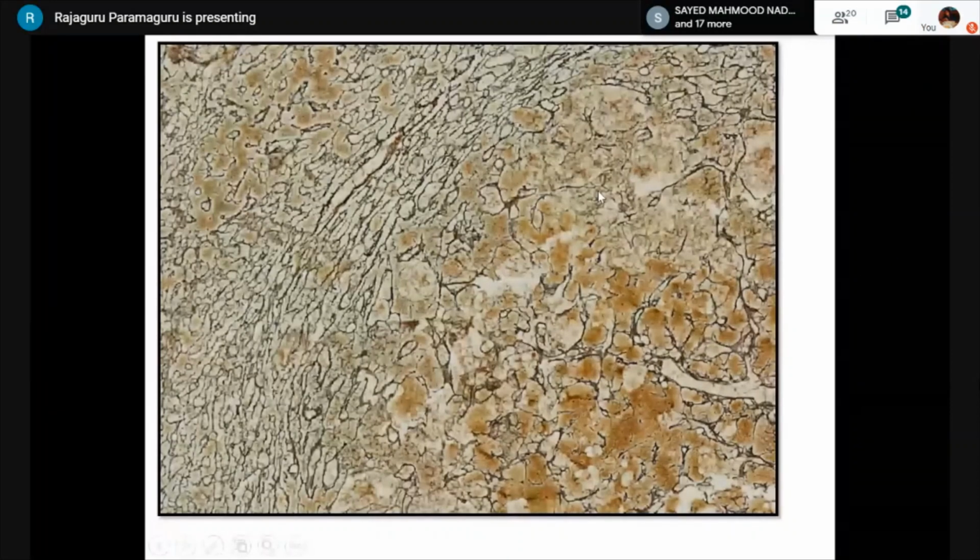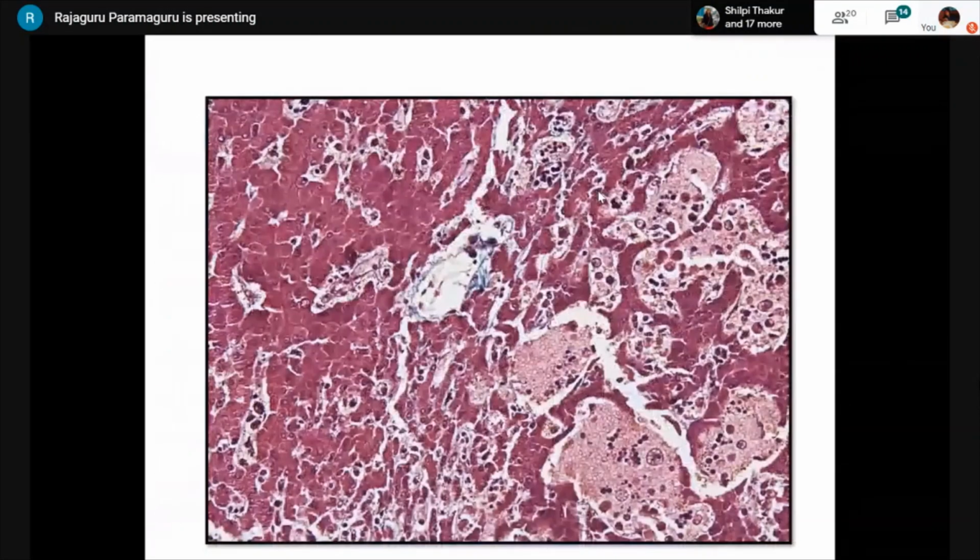Another feature in the biopsy is that the terminal hepatic venule will be less frequently seen. We will not be able to find it so easily. As I told you in the etiology, there can be an obstruction. This trichrome just highlights that there is no fibrosis at all, and there is a lot of peliosis hepatis also.